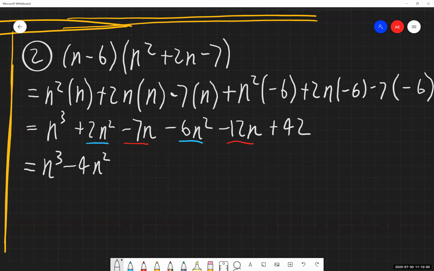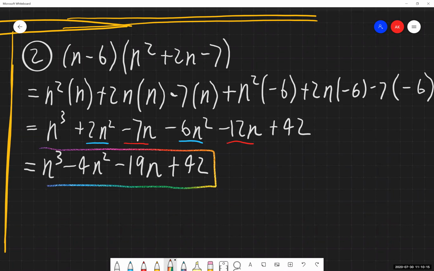Combine those together, it's going to give me -19n. Then I have a 42 at the very end of this problem, so I can't combine anything with that. It's going to be plus 42. So I've combined all like terms that I possibly can. Again, remember, it's not just the variable, it's the variable and the exponents all need to be the same to combine things together.